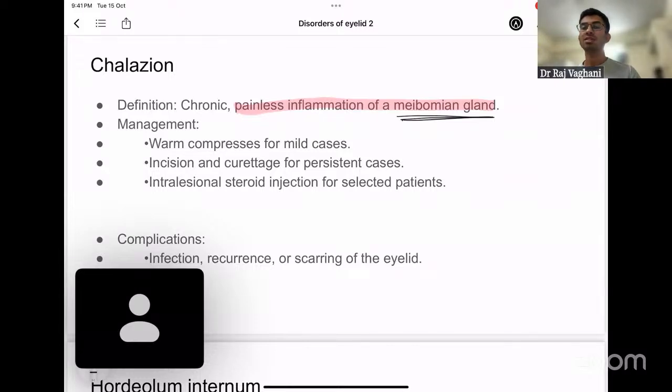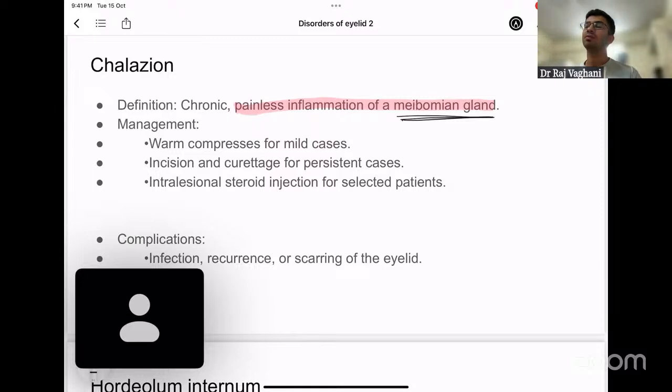So how do you manage this condition? You manage it by warm compresses for mild cases, incision and curettage for persistent cases, and intralesional steroid injection for selected patients. First of all, you can apply a warm compress. Second, you can do I and D, that is incision and drainage.